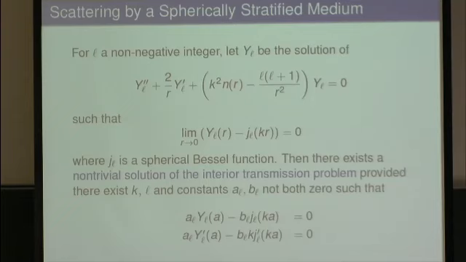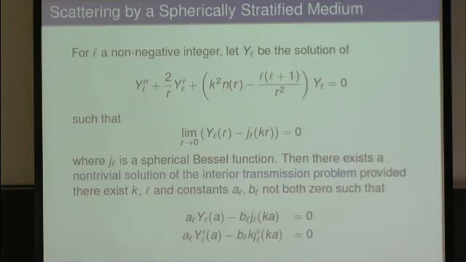It's easy to check that there exists a non-trivial solution to the interior transmission problem, provided there exist constants a_l and b_l, not both 0, such that this system of equations is satisfied. That's just separation of variables. Here l is an integer, the separation of variables parameter.